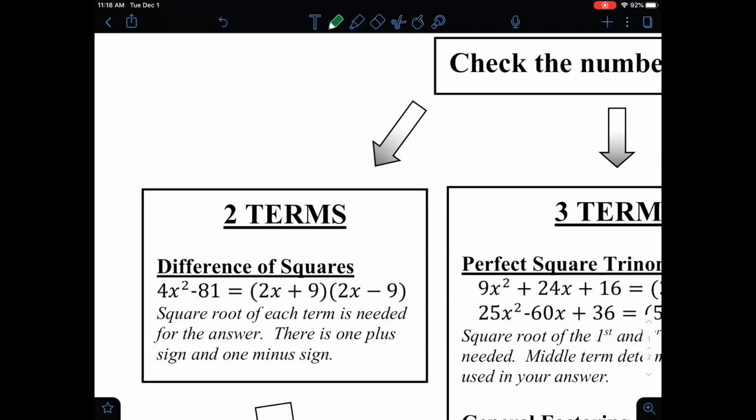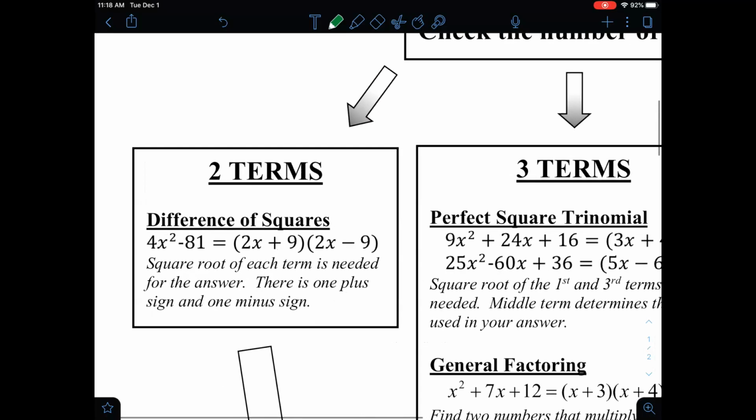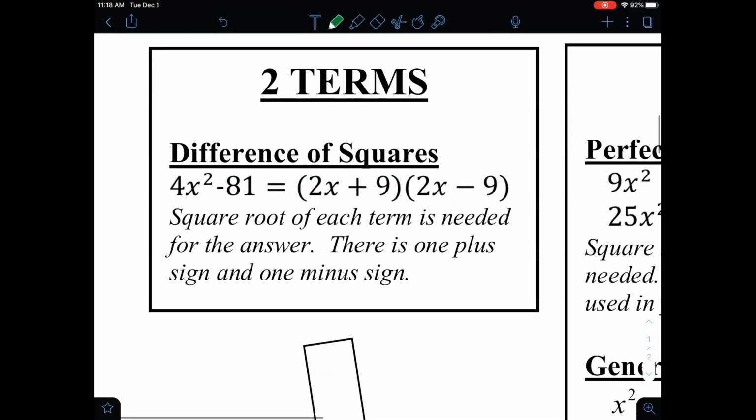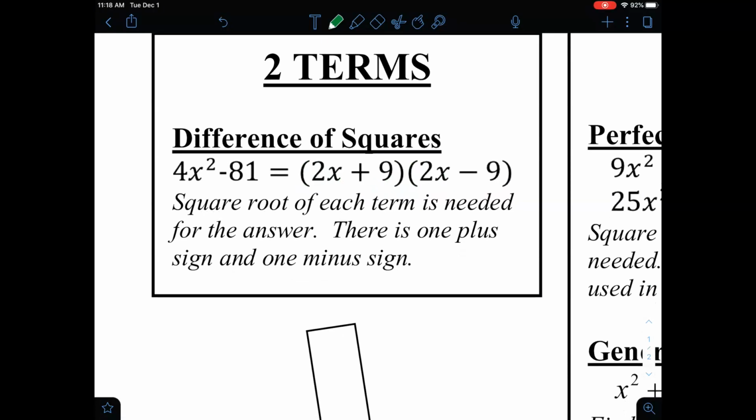And those are important for a difference of squares and also perfect square trinomials. So when you see a difference of squares, which is 2 perfect squares with a minus sign between them, that's going to factor to the square root plus the second square root, and the square root minus the second square root. That's just how it's going to factor. So if we were to redistribute this, 2x plus 9 times 2x minus 9, we go like this, and we go like this, we're going to get 4x squared minus 81.